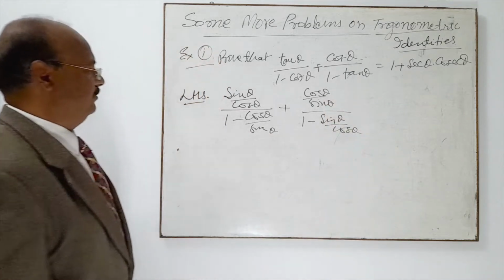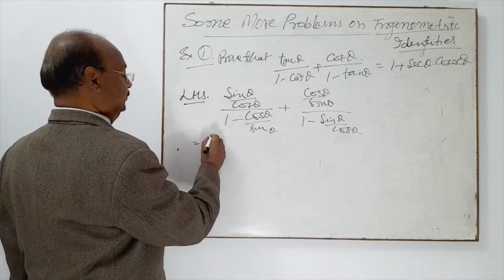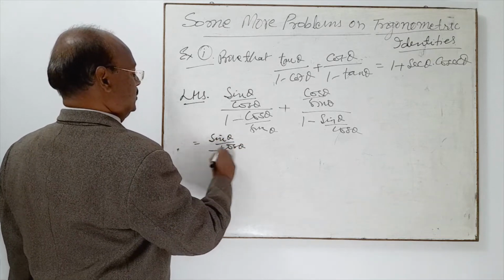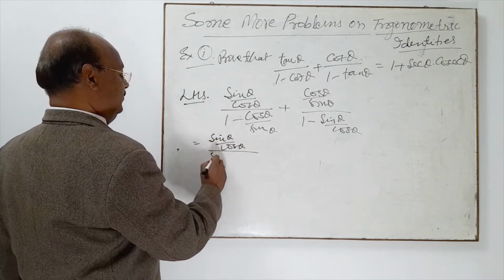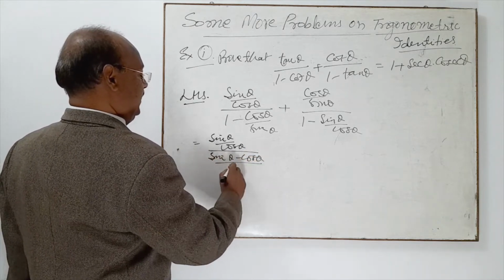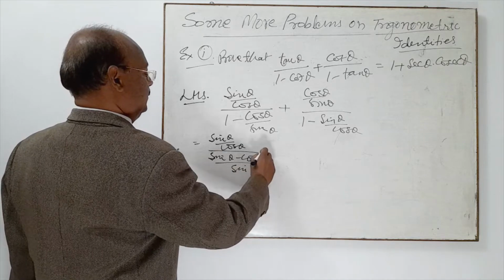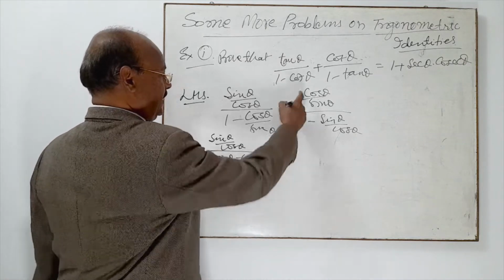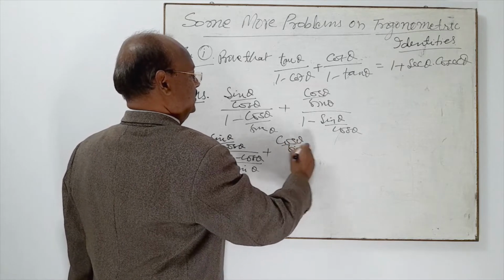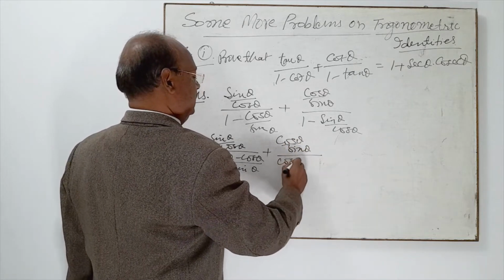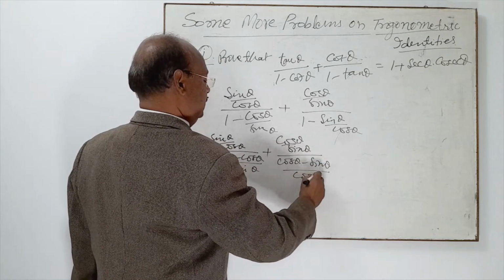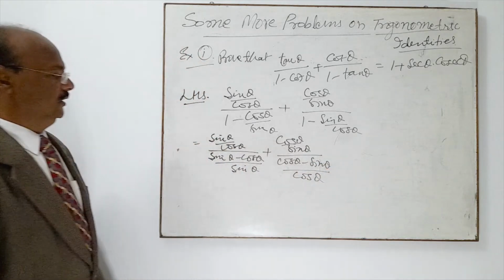Let us simplify further. Here the numerator is sine theta by cos theta, and this denominator can be written as sine theta minus cos theta by sine theta. Similarly, we can write the second term, that is cos theta by sine theta divided by cos theta minus sine theta upon cos theta.